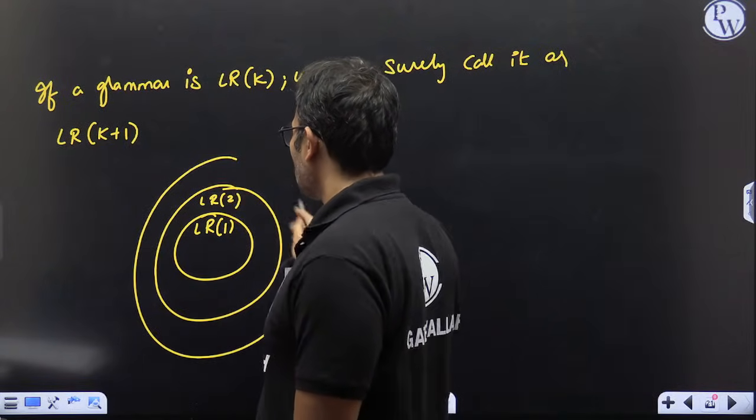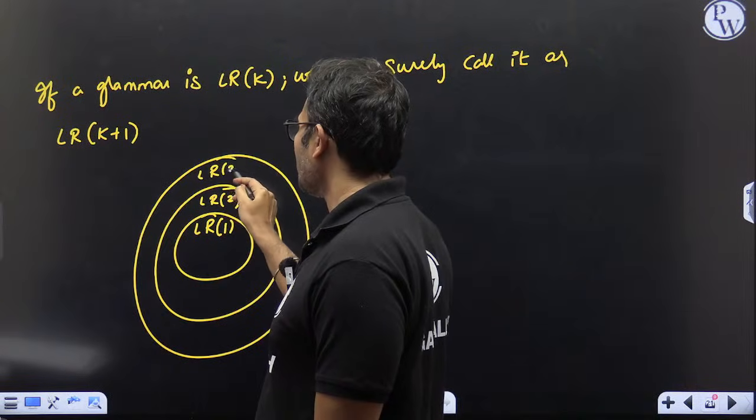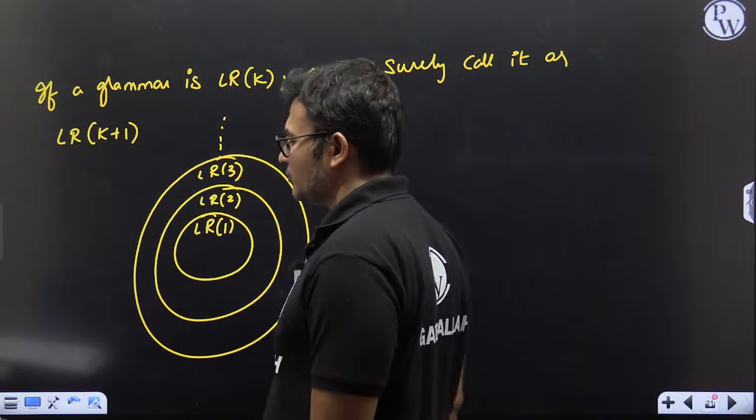If it is LR2, you can call it as LR3, and so on.